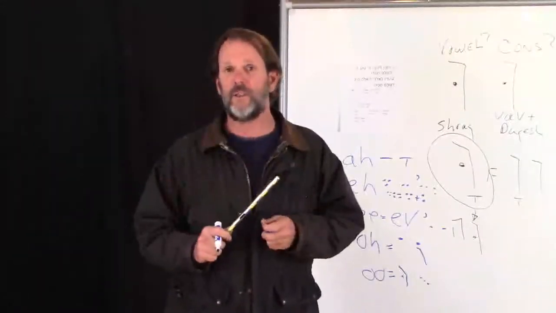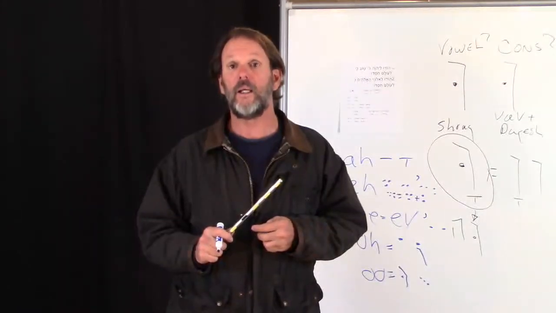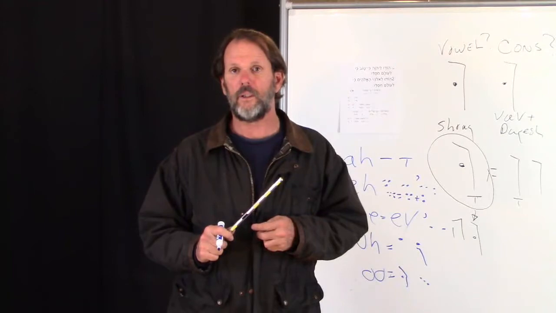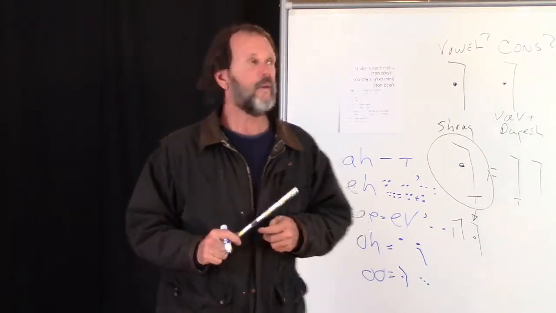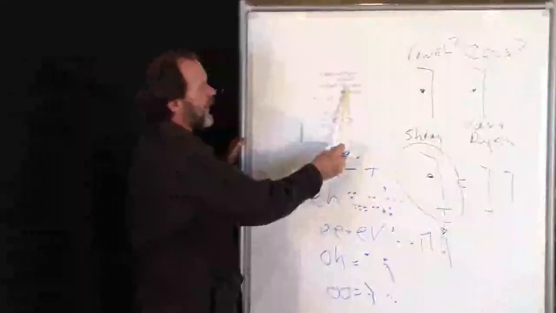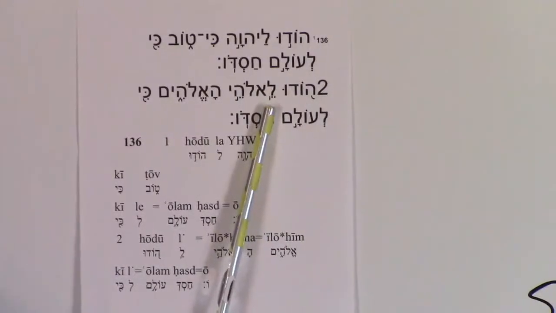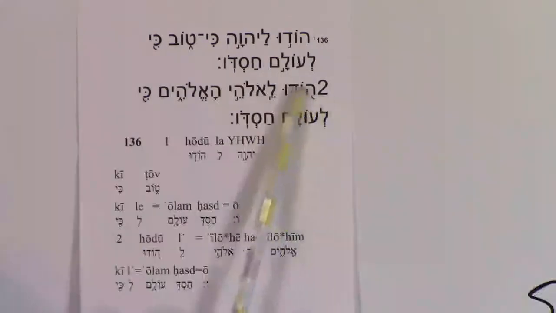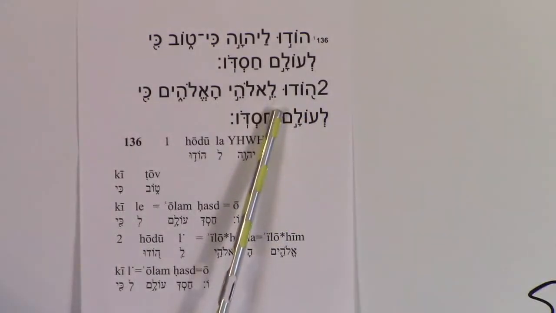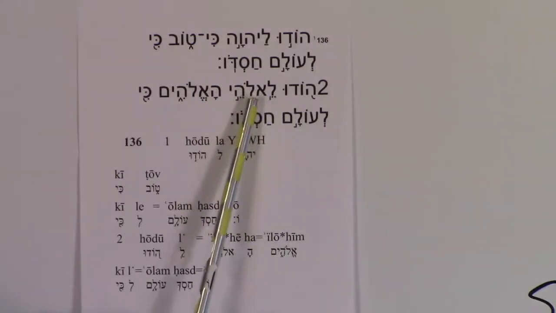Yes, question. On the second verse, Hodu le Elohe, where do you get the second E in that first part? The question is, where do we get that sound that is different from Hodu la to Hodu le? I understand the vowel under the lamed that says le, but then where do you get the L?